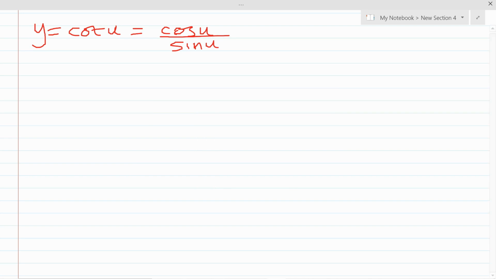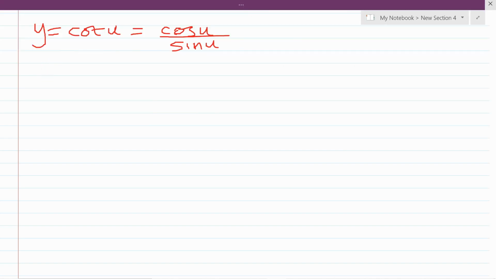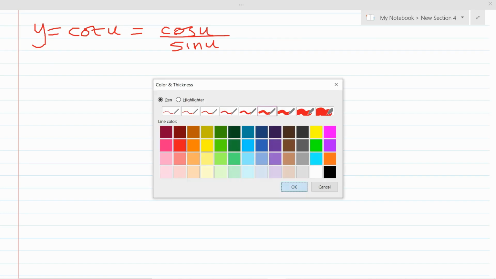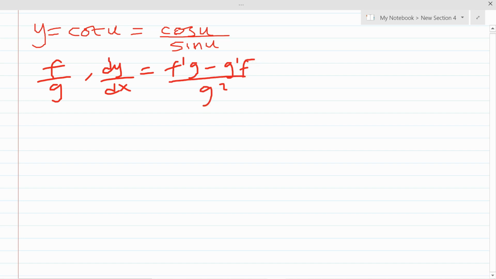There's a function over a function. If you have f over g, where all of these are functions of x, then dy/dx is equal to f prime times g minus g prime times f, all over g squared.